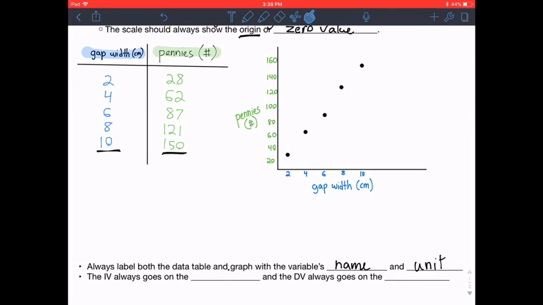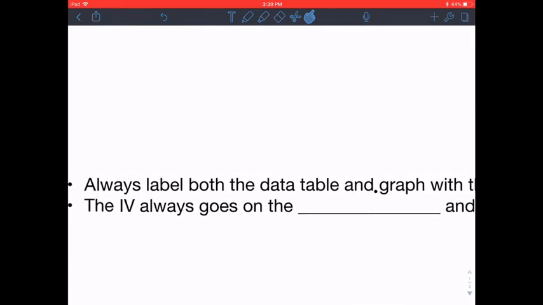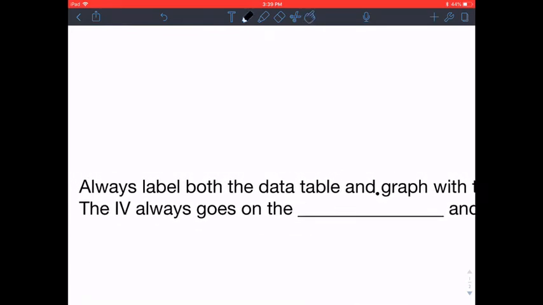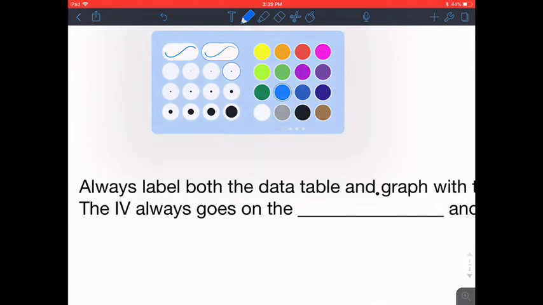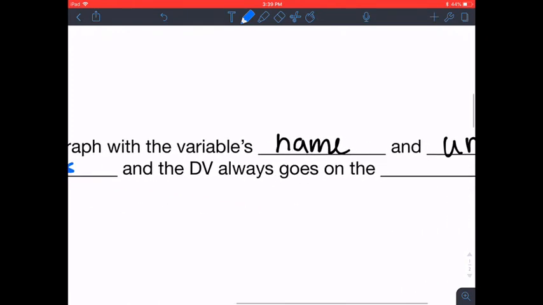The last thing is knowing what thing goes on which axis. Well, the rule here, down here at the bottom, is that the independent variable always goes on the x-axis. There will be a couple times in this class when we sort of flip that around and change it in order to make a certain goal, but that is the general rule.